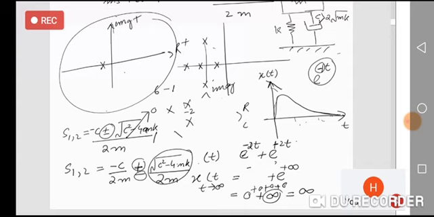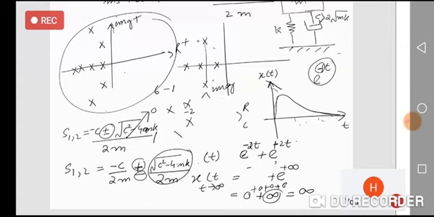You can have a single pole on the real axis. You can have 2 poles, 3 poles, infinite poles on the real axis. But on the complex plane, if you have one pole, it will always have a conjugate pole. If you have another pole, it will also have a conjugate pole.